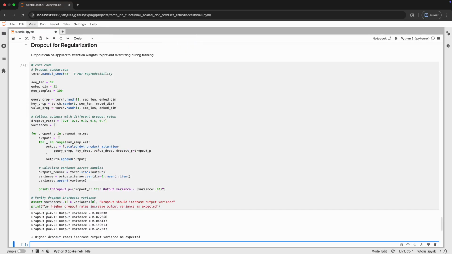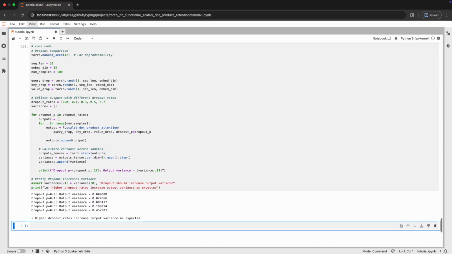As expected, we can see a clear trend. With no dropout, variance is 0 since the output is deterministic. As dropout increases to 0.7, the variance jumps to about 0.46. This increasing variance with higher dropout rates is exactly what we want for regularization during training.